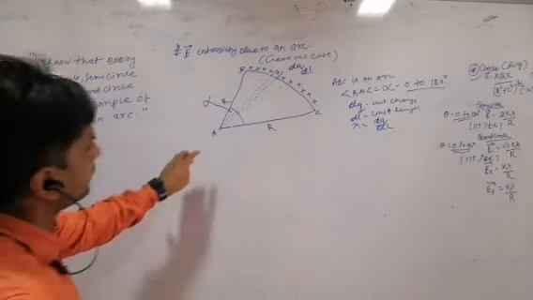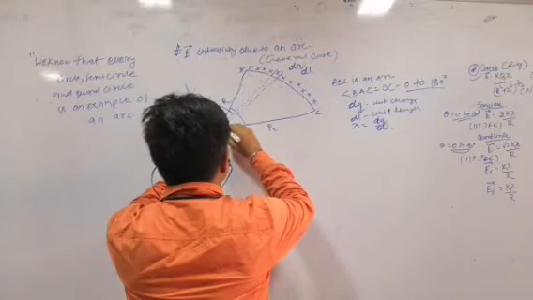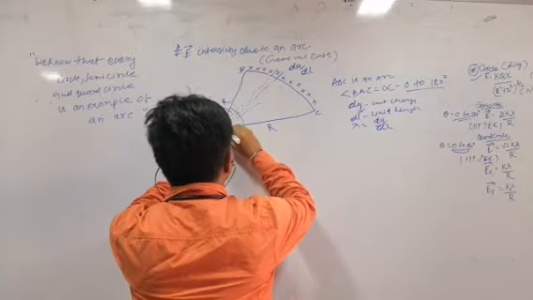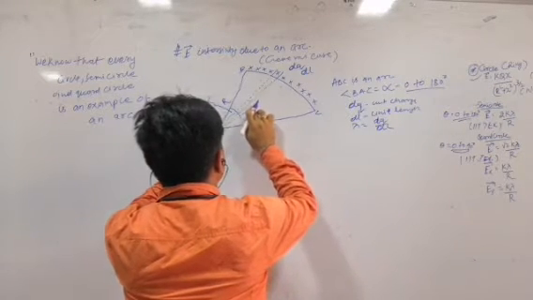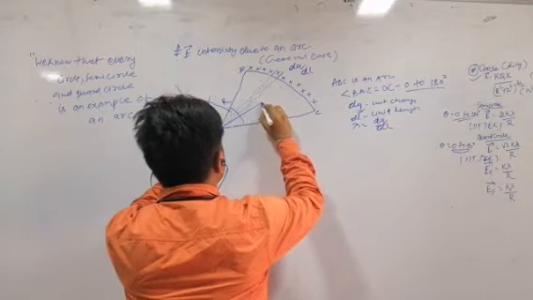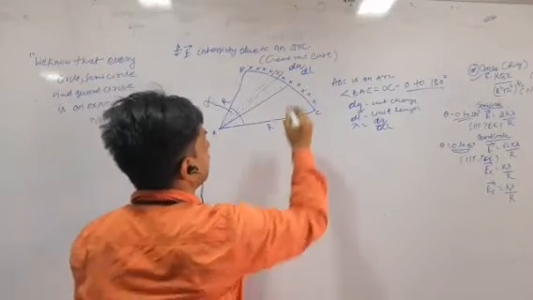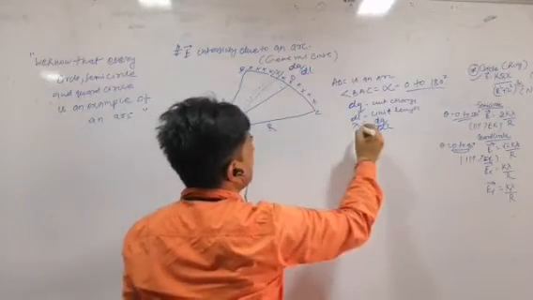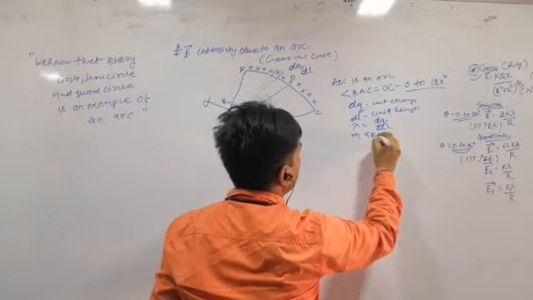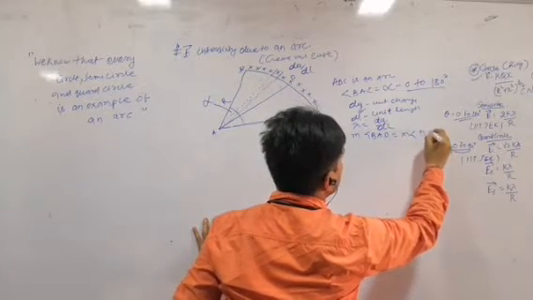Can I have a bisector here? Yes, I have a bisector here. I can name that D. Angle BAD equals angle DAC.